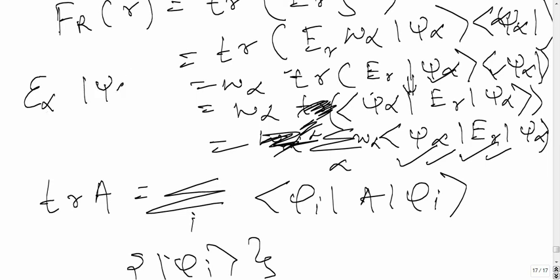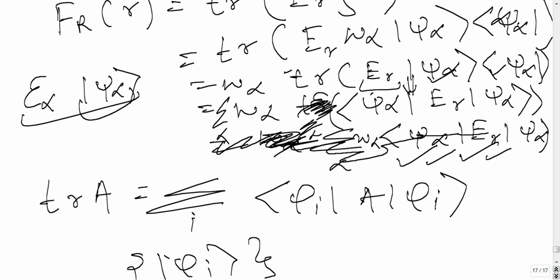This xi alpha state spans this Hilbert space. So the trace of E_R times this is nothing but a summation like this, which is the definition of trace, or you can say the diagonal elements of the matrix corresponding to this operator E_R. I hope this is clear, there is no confusion relating to it.